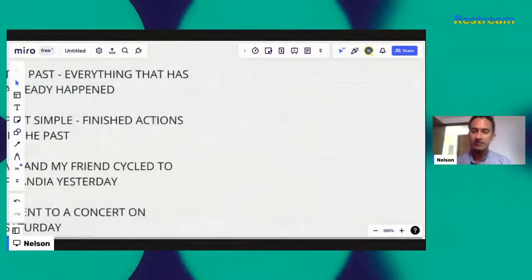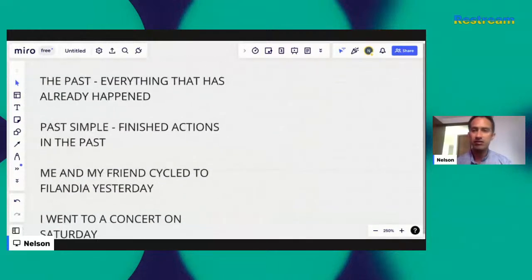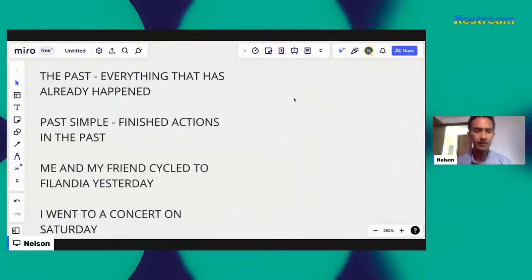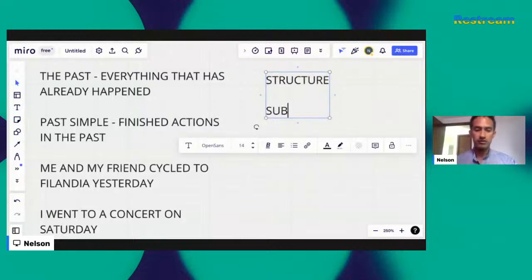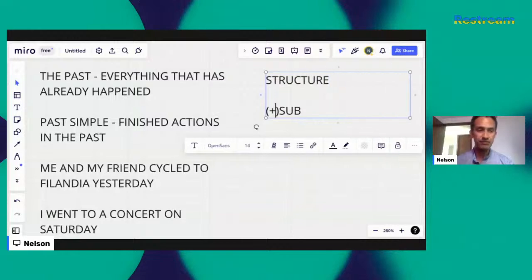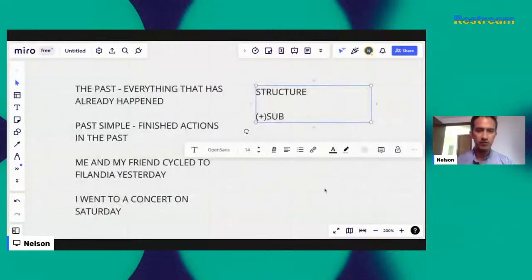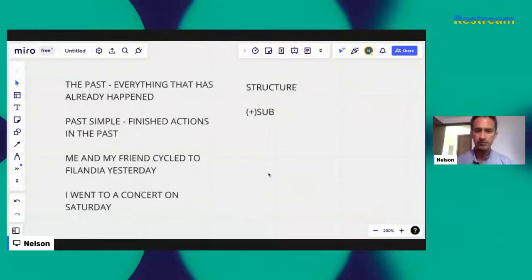Right, so let's very quickly have a look at the structure of the past simple. The structure I'm sure you're very familiar with also because you are core 7, you're very intelligent people. And of course, for the affirmative sentence, we have your subject and your verb in the past simple, that's very important.